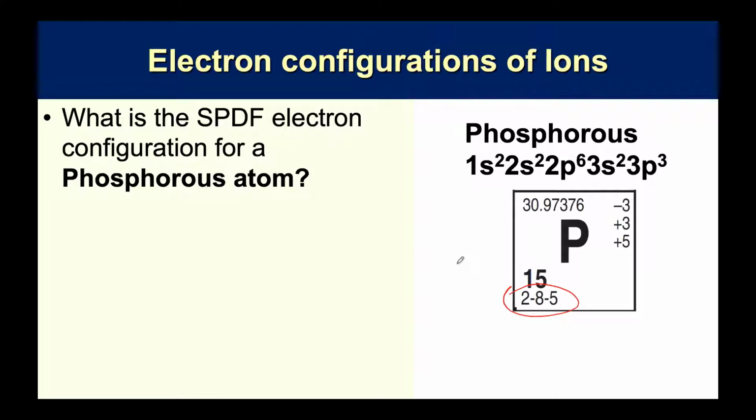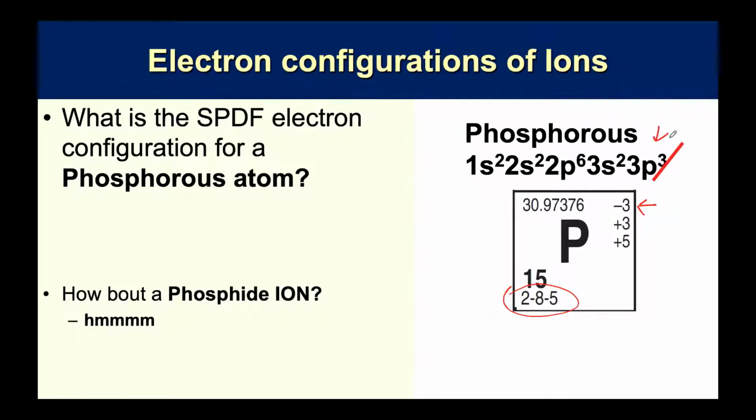Now we have to say to ourselves, what is this phosphorus atom going to do when it becomes a phosphide ion? So I take a peek at my oxidation numbers, and I look at the very first one, which is the most common ionic state, and I see that it is a -3. Remember, negative numbers here mean you are gaining electrons. So we're going to pick up 3 more electrons.